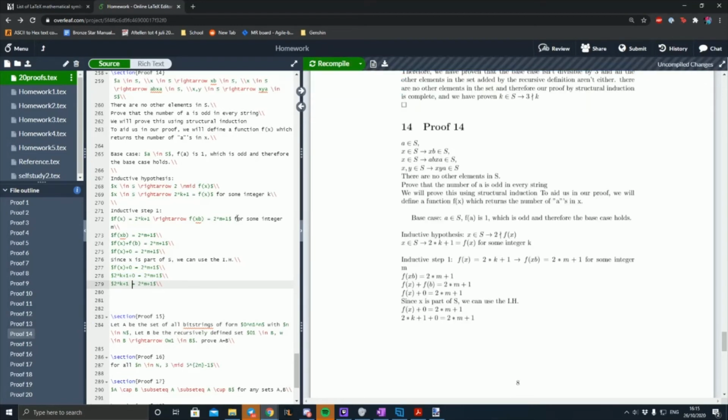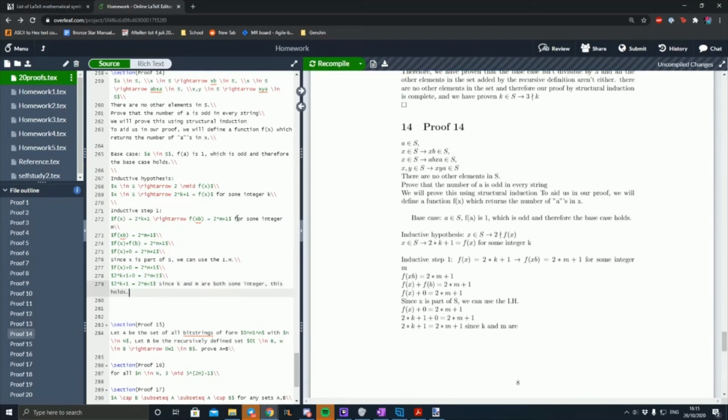And then we can say since k and m are both some integer, this holds.